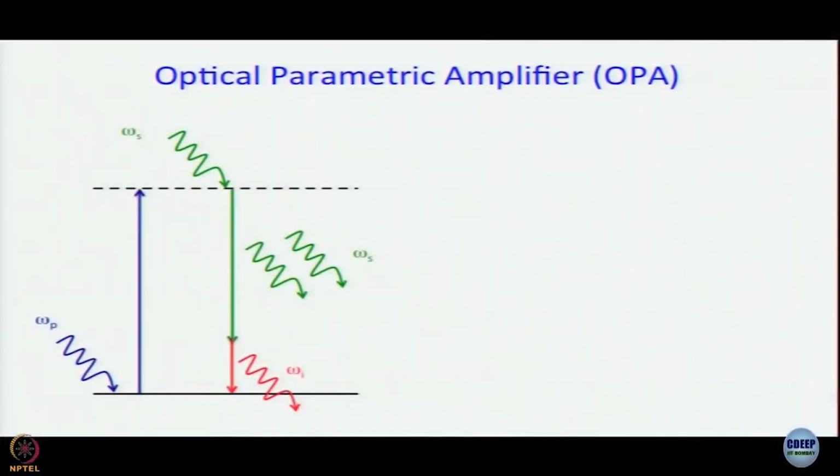Of course, white light intensity will be nothing compared to the laser light, but we do not need a high intensity. We only need some photons that are going to cause this downward transition. So, a good strategy of building an OPA would be you take your laser light, say 800 nanometer light out of a Ti:sapphire amplifier, and split it into 2 parts.